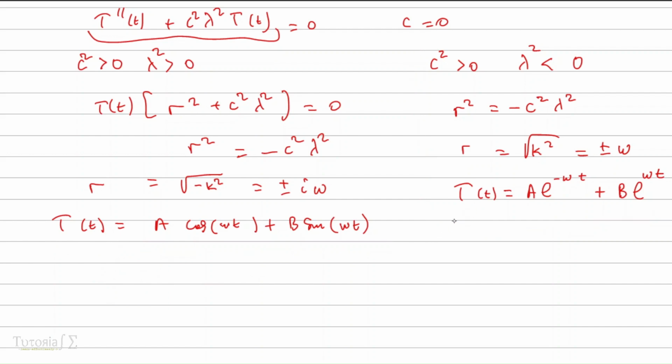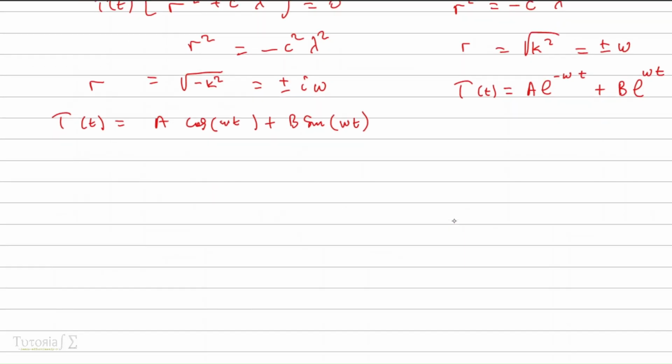Now tell me the 3 solutions that we have of t. I write them down. The 3 solutions of t: T of t is equal to, the first one was at plus b. The second one is T of t equals A cos wt plus B sin wt.